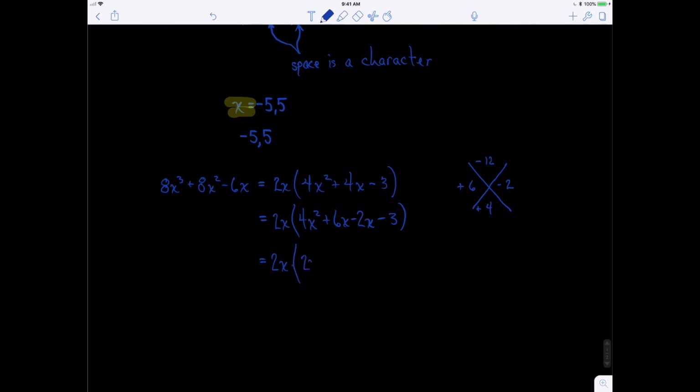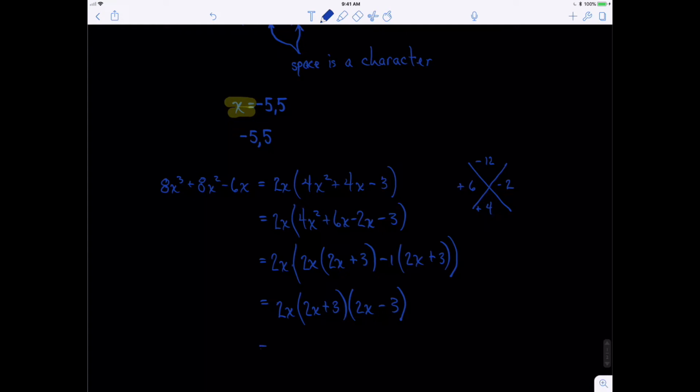We have a 2x times 2x plus 3, and a minus 1 that's going to give us another 2x plus 3, in parentheses, and those extra parentheses matter. So if I take out my greatest common factor of 2x plus 3, I write 2x plus 3, and 2x minus 3. This is the way that we would write it. There should be no spaces.